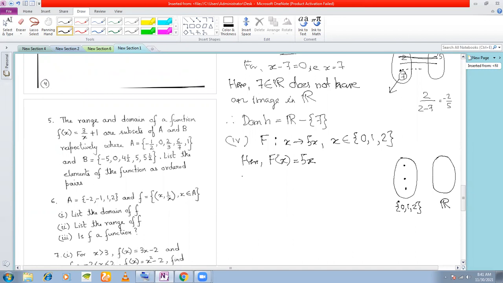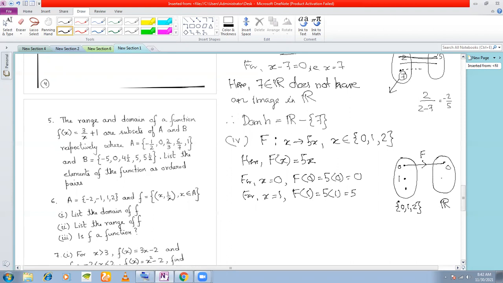So for x is equal to 0, what is the image? 5 into 0, which is 0. So here 0 is being mapped to 0 by f. For x is equal to 1, f(1) is equal to 5 into 1, which is 5.